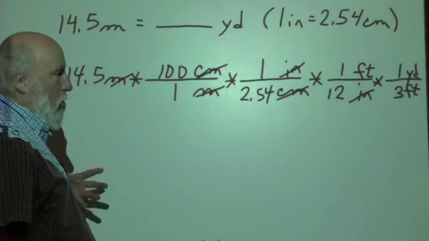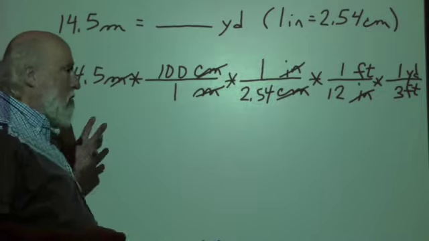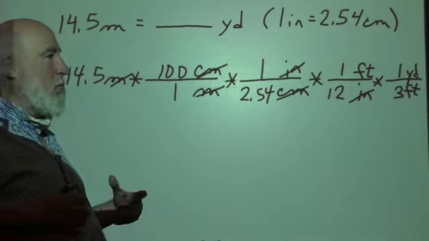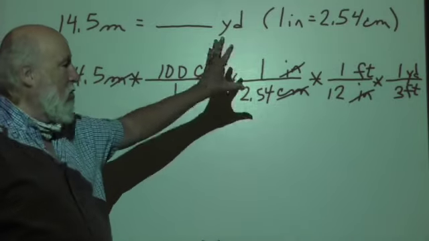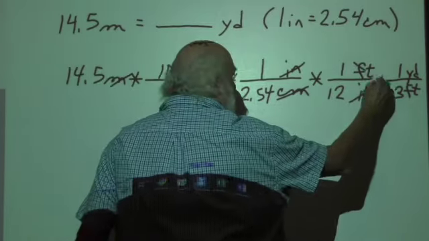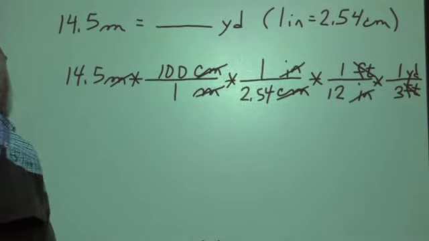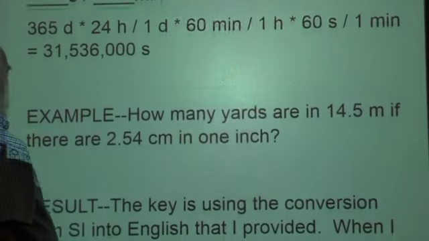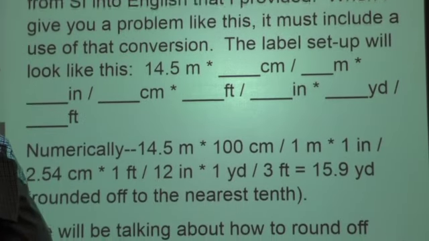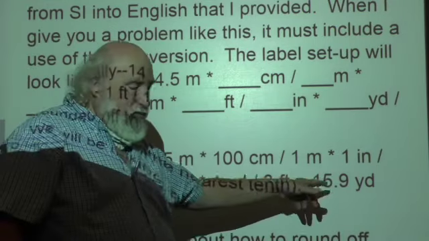We turn what could be a rather ugly looking series of steps to do, and we're able to simplify when we multiply, when we divide, by using this nice little conversion method and all the cancellation to allow us to have the yards there. All right, and so when we punch that into our calculator and the smoke clears, we're going to round that off to the nearest tenth, and that'll be 15.9 yards.